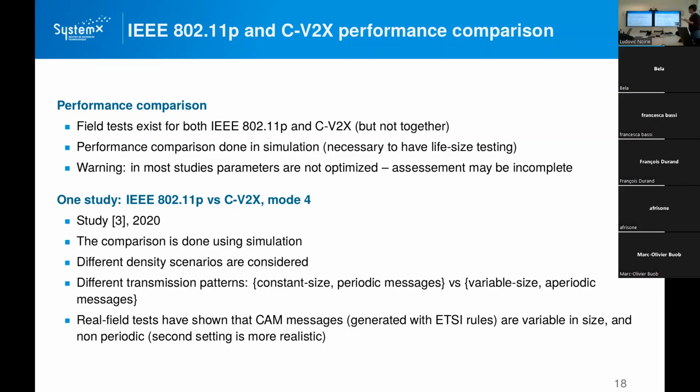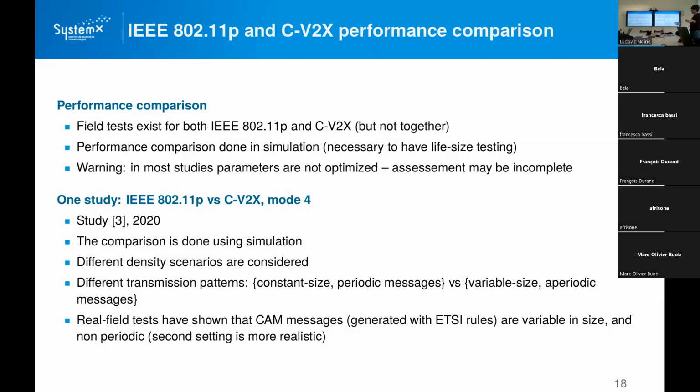And so performance comparison is usually done in simulations, and you need to have enough nodes in the simulations to test congestion. And the problem with testing things in simulations is that the parameters that you can tune, especially in CV2X, are many.